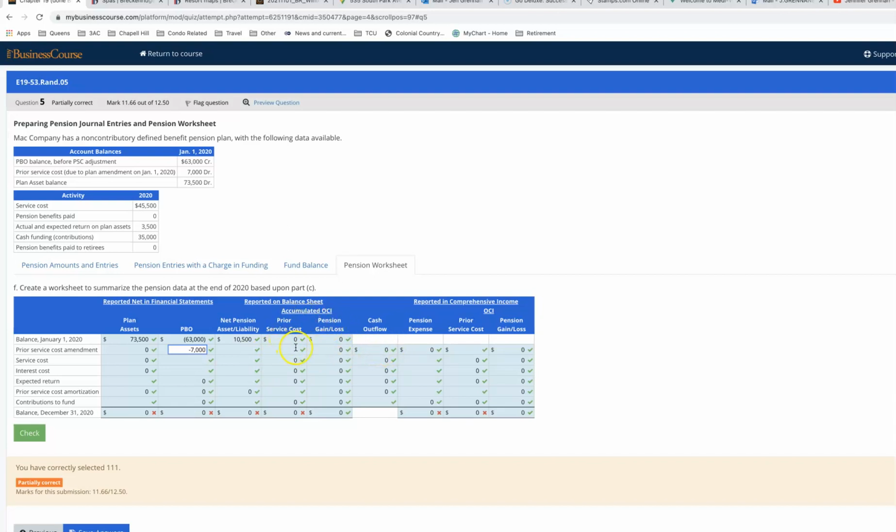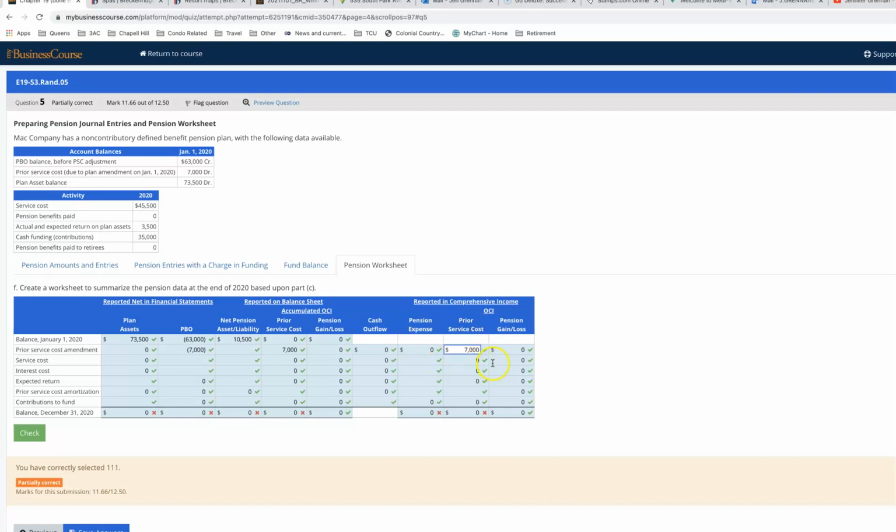You can put it over here into OCI, right? So accumulated OCI on the balance sheet is going to have that total balance, so prior service cost, of a debit of $7,000. And then in other comprehensive income, because that's been our net change so far this year, we're going to show a debit of $7,000.